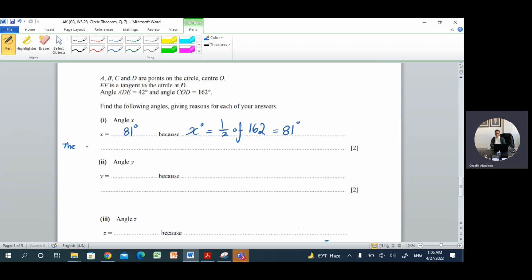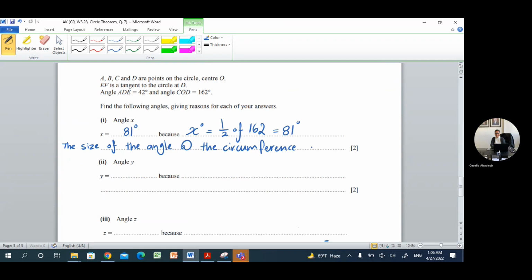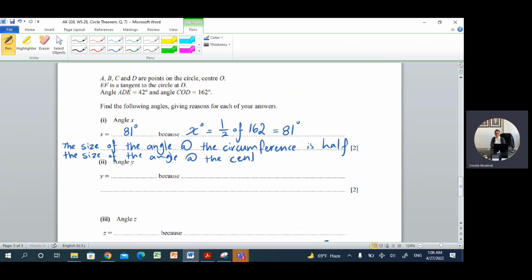The size of the angle at the circumference is half the size of the angle at the center.